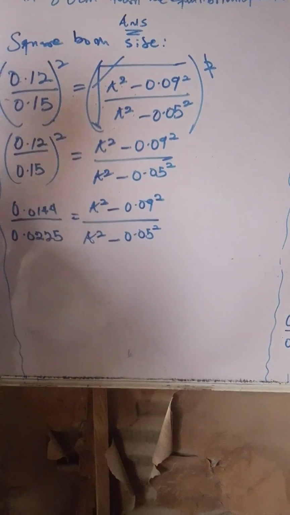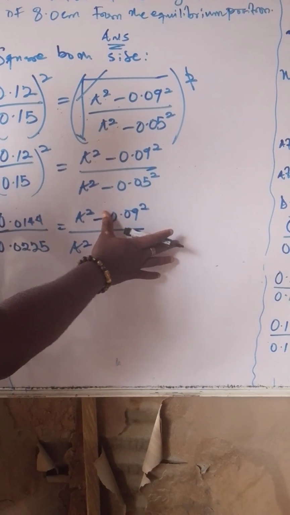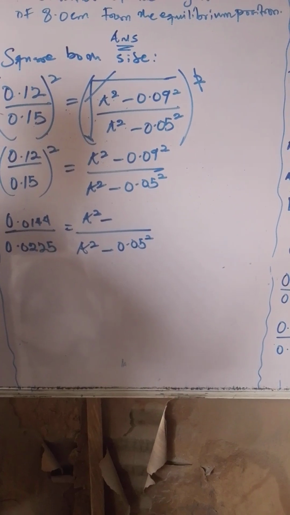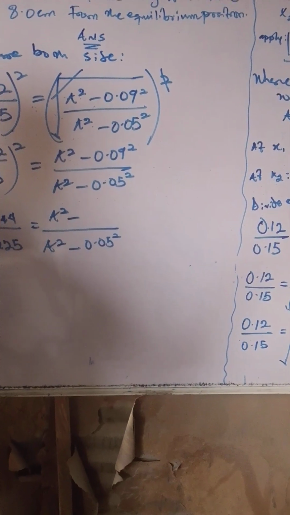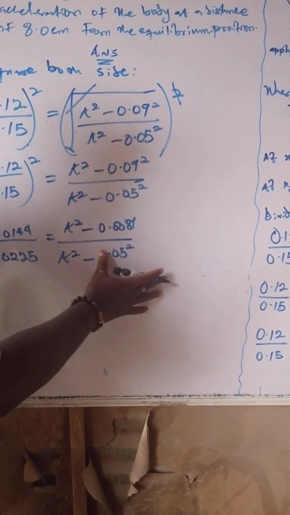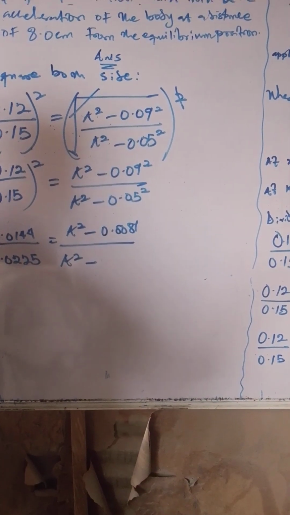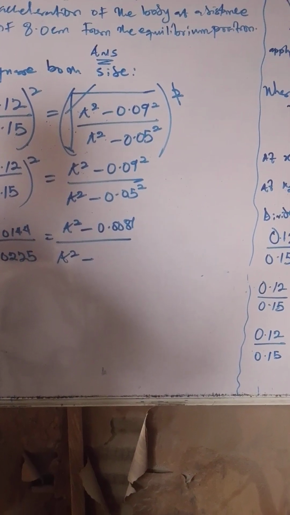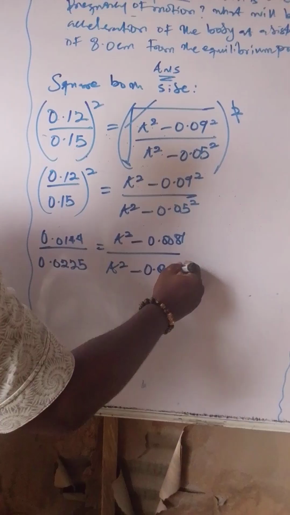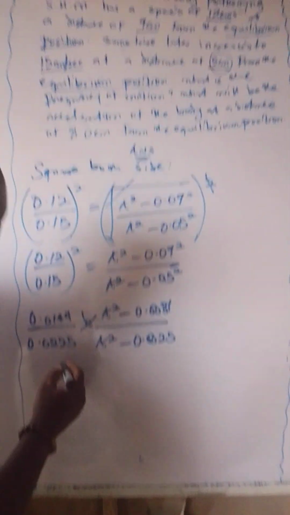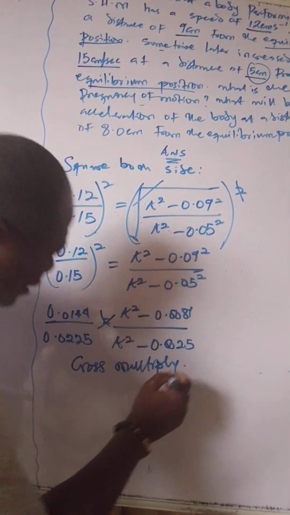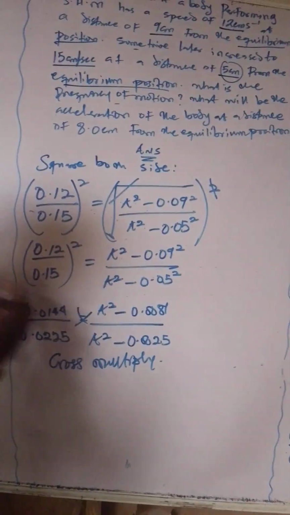What should we do at this point? Let's square this also: 0.09 squared is 0.0081. Then 0.05 squared is 0.0025. So let's cross multiply.